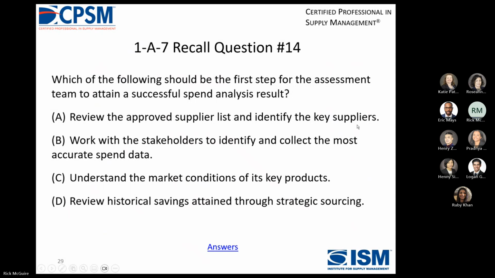All right. Which of the following should be the first step for the assessment team to attain a successful spend analysis result? Well, anybody got a guess?